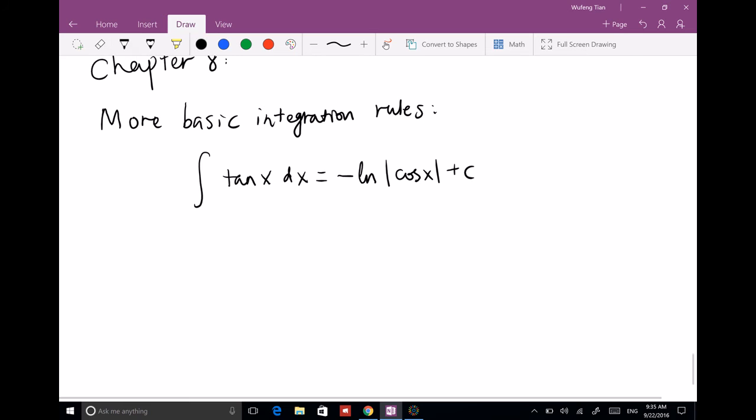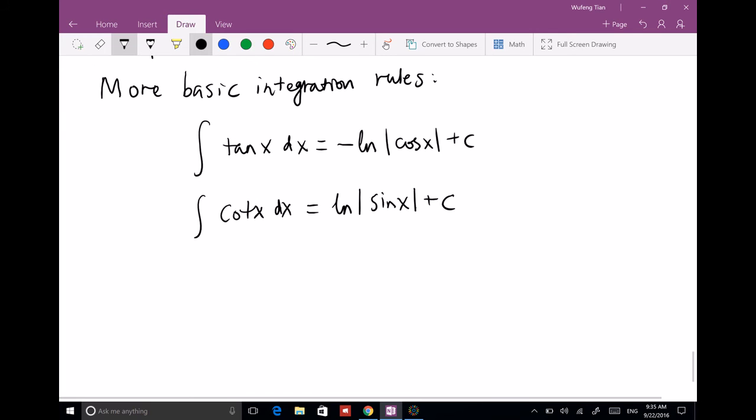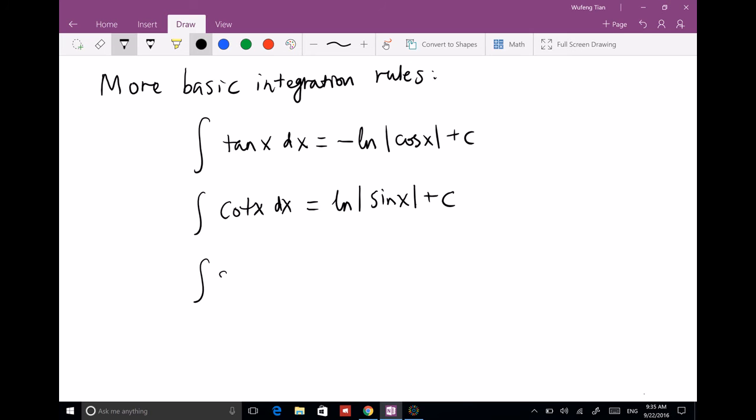The antiderivative of cotangent x dx equals ln sine x plus c. The antiderivative of secant x dx equals ln secant plus tangent.